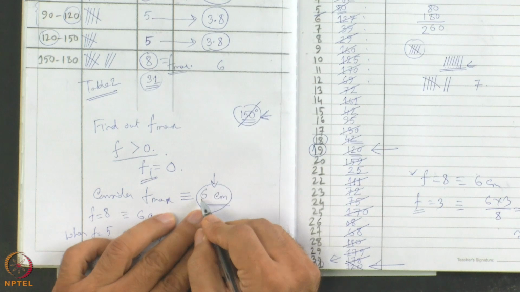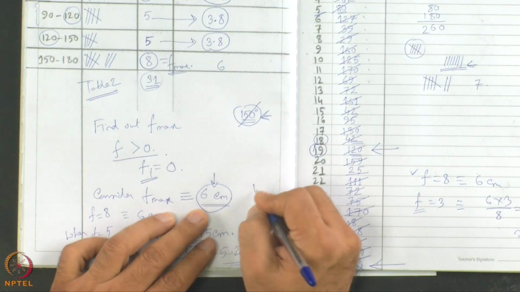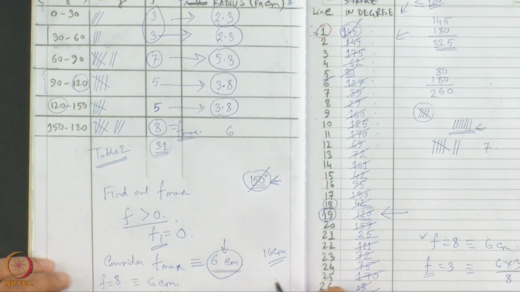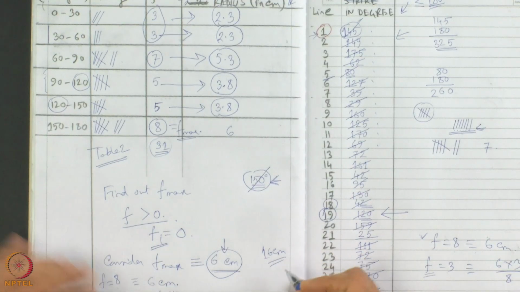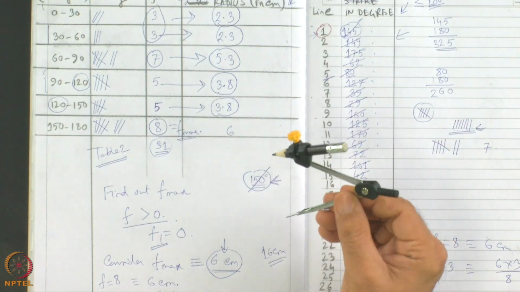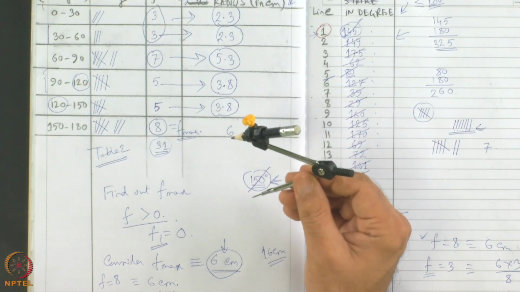If I take this as 16 centimeter instead of 6 centimeter, then in my A4 copy the circle will go out, and also with the kind of compass I have got, I cannot draw a 16 centimeter radius circle.